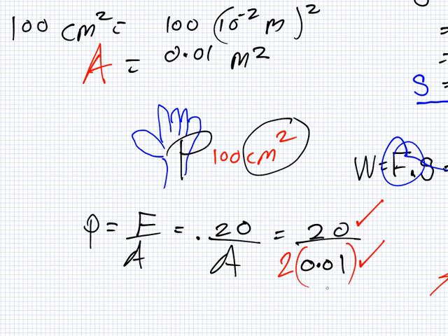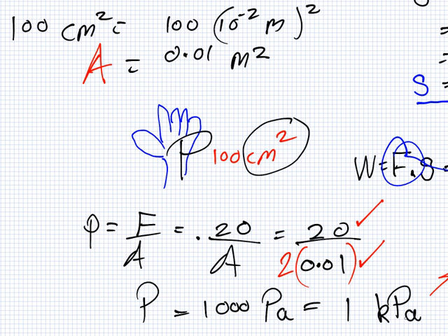Area is twice as big. So I'm sneaky like that. So the pressure is 1000 pascals. Or if you want, it's 1 kilopascal.